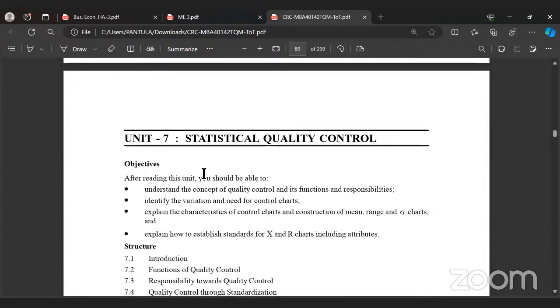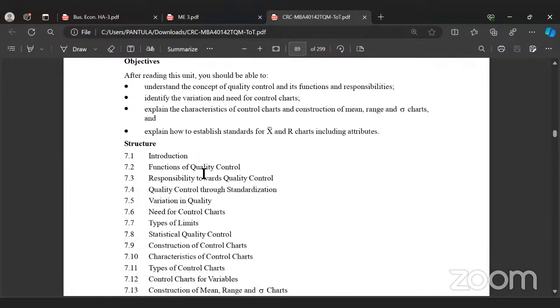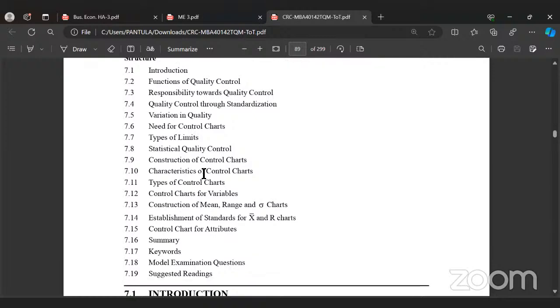Now, the next unit is statistical quality control. In this chapter, we are identifying variation. We are going to study variation and control charts in depth, and we are going to see X bar and R charts.